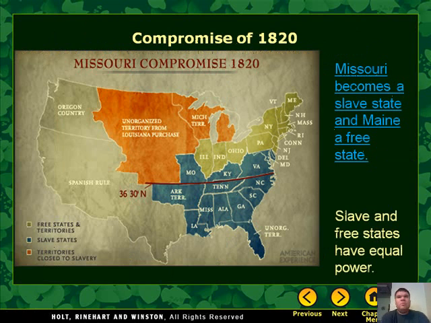As we move forward here, once slavery starts to catch on again in the South and cotton is being planted in the South, we also have people moving from the very populated eastern side of America into the new areas that had just been bought. In 1820, Missouri wanted to become a state.